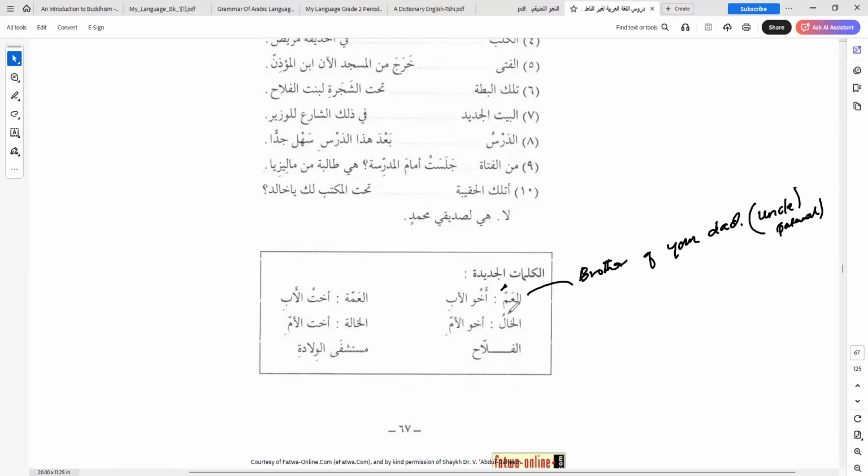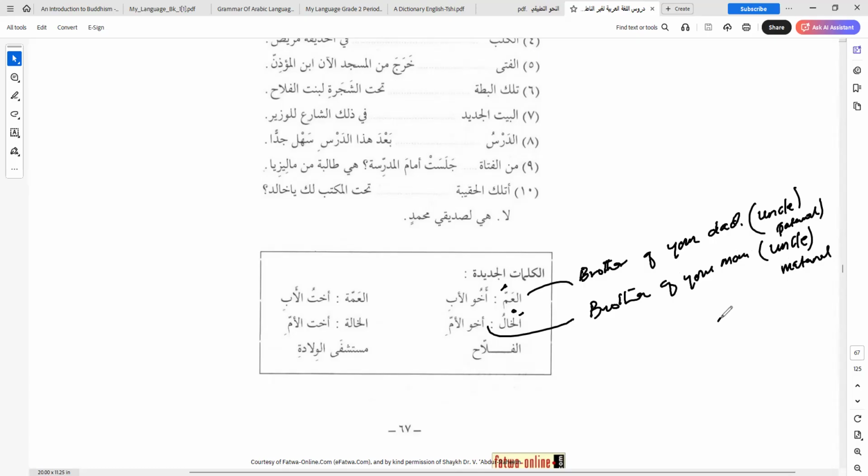And then al-khalu is akhul umm, brother of your mom. So the brother of your mom is also your uncle, but here from your mama's side. That is the maternal uncle.